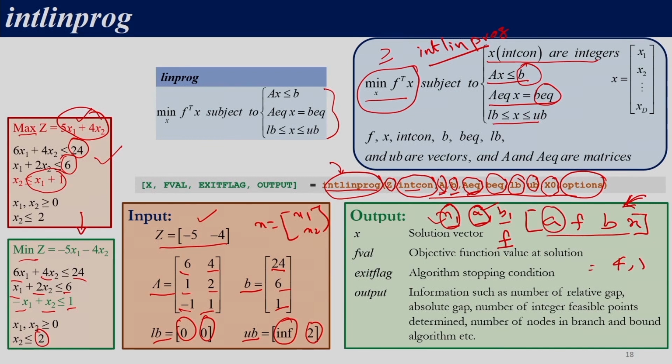These two are the indices of the two decision variables which are integer. So in this case, intcon has to be [1, 4]. This will help the inbuilt function in MATLAB to realize that the first variable and the fourth variable are integer. The first variable is a and the fourth variable is x, right? So that is what intcon indicates: the indices of the integer variables.